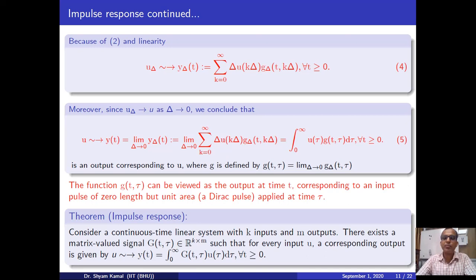You can see that g t tau is some kind of matrix valued signal of dimension k cross m, and then the output is obtained in the same way, applying additivity, homogeneity and superposition together. So this is the impulse response of a multi-input multi-output system. In this course I am also going to talk about single input single output systems and multi-input multi-output systems.